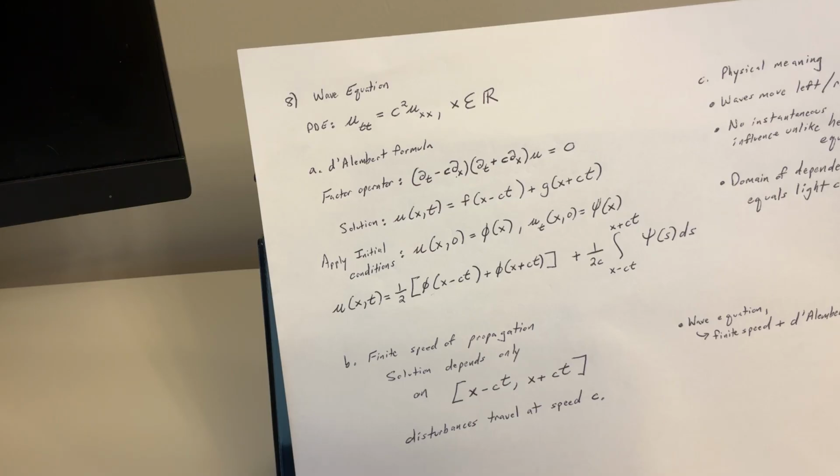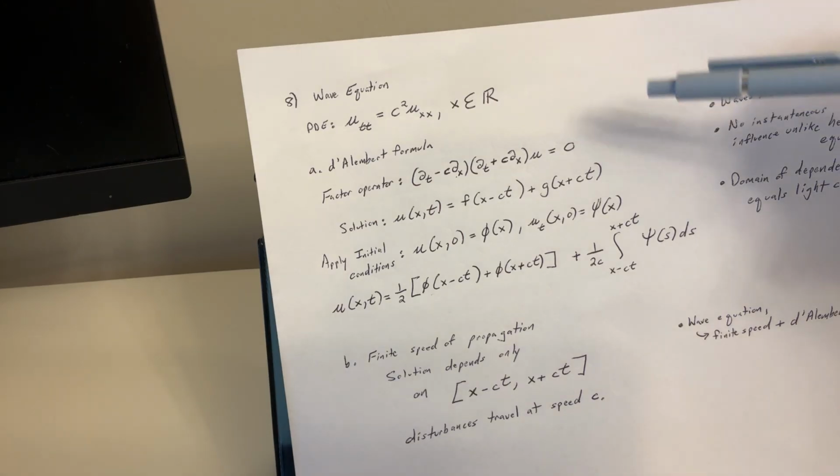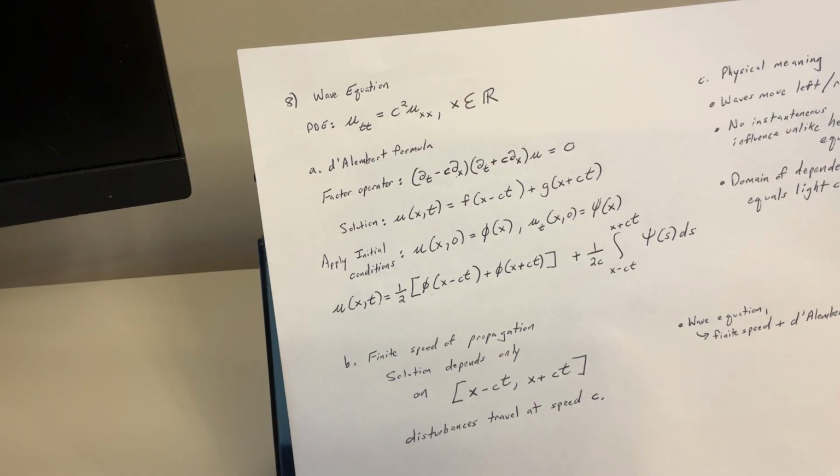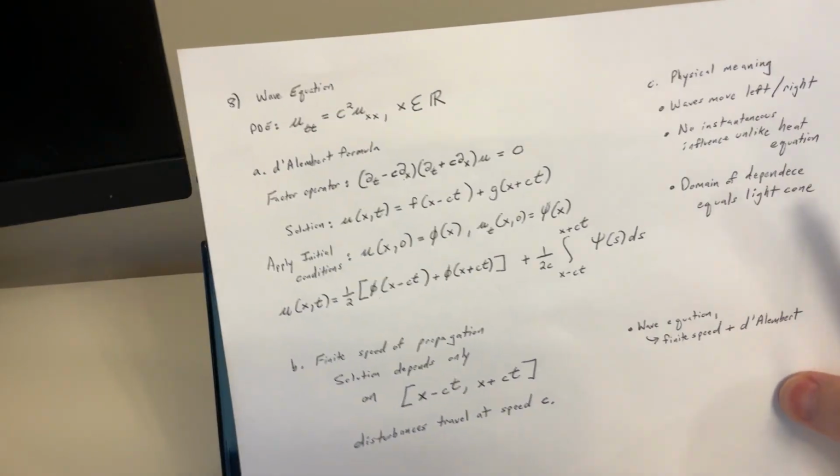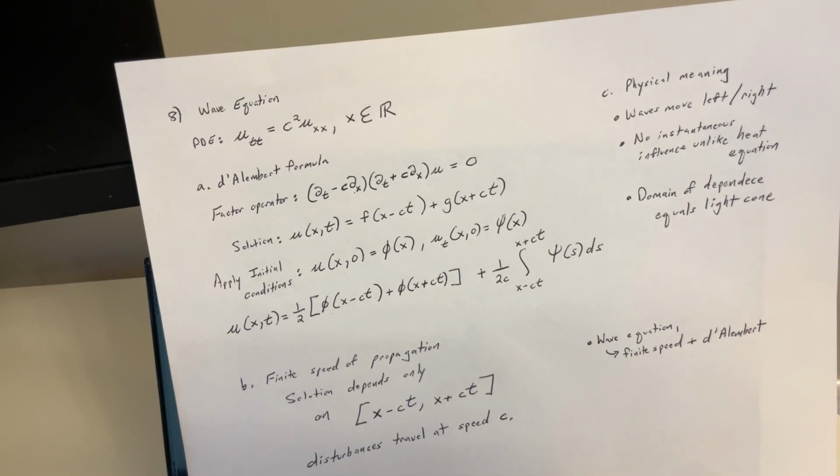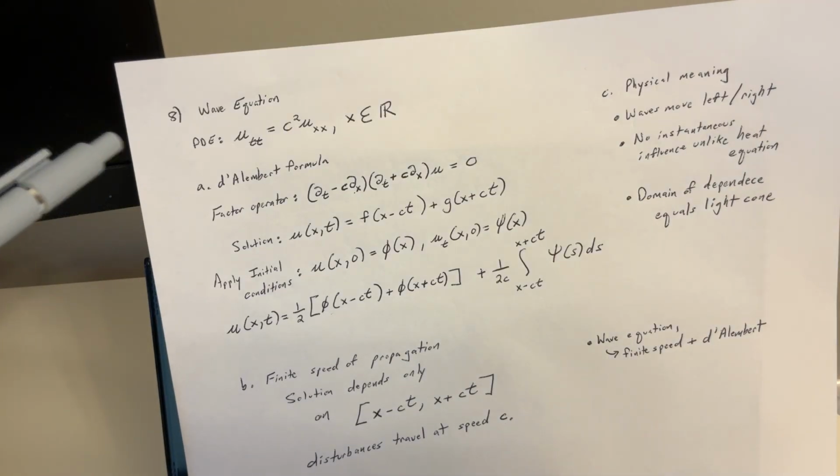PDE. We want to derive that D'Alembert formula for letter A. So we were given this PDE information up here from the previous page. So let's see. There we go. Everything is in here now.